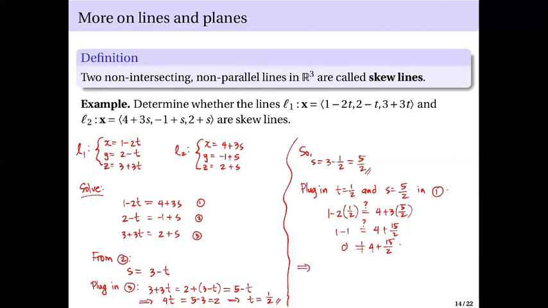So here, this system does not have a solution. So let's label this system as a star. The system star does not have a solution.